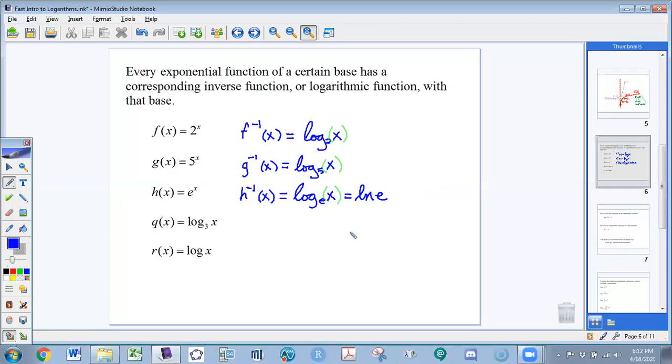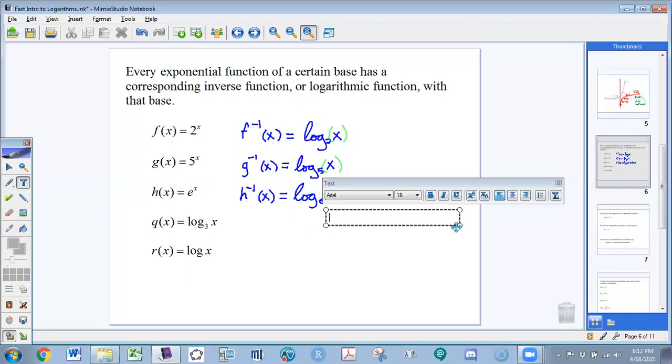So log natural, because in French, like Spanish, you reverse the noun and the adjective. That's where that comes from, but it definitely means base e. So it's natural log of x is how we pronounce that. The natural log of x is how we say that in English.